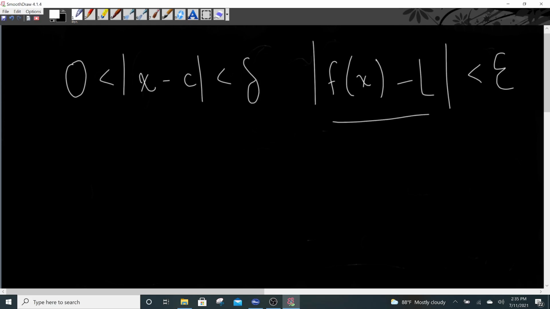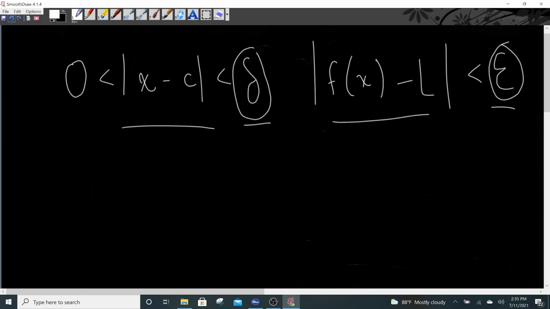We want this value to be smaller than epsilon, and we want this value to be smaller than delta. We know that 0 is less than this just means that x cannot equal c. So it's not super relevant to what we're trying to say. But the smaller this is, the closer these two values are going to be.